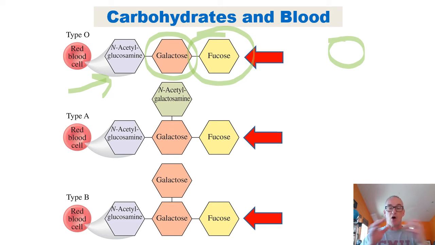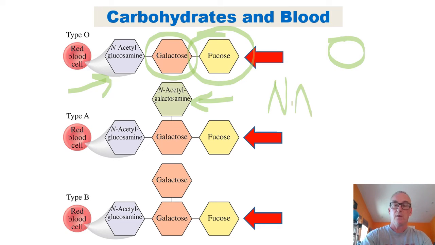So you can see that all the other groups have the same three sugars attached to them, but A and B have different attachments. So A has another N-acetylglucosamine, and we call it NAG for short, because we see it in a lot of complex carbohydrates found on the outside of proteins.